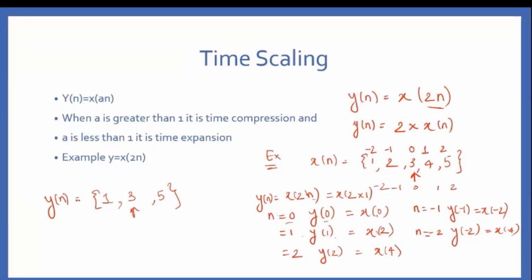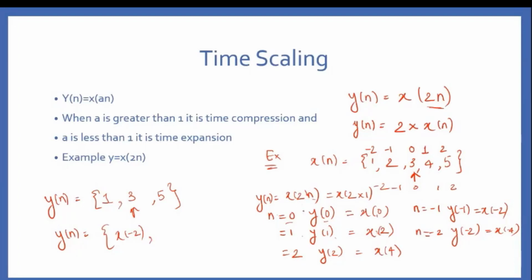Yes. Okay. So now how did I write this y[n]? I have got a few negative values here. So y[-1] is equal to x[-2], right?